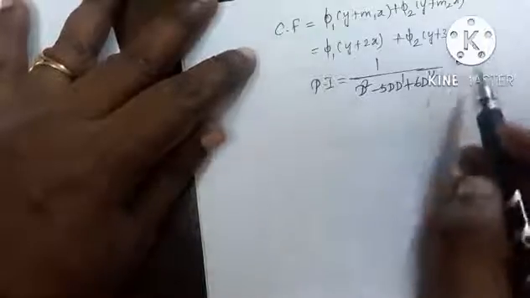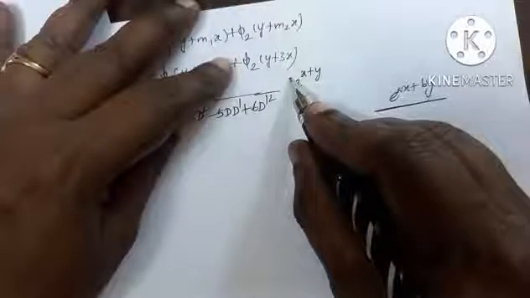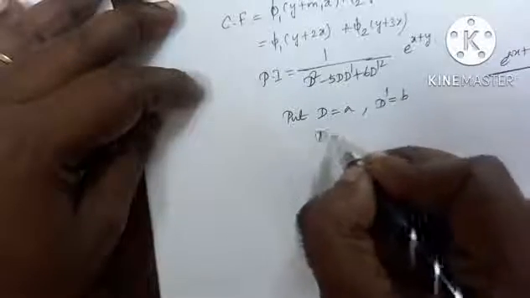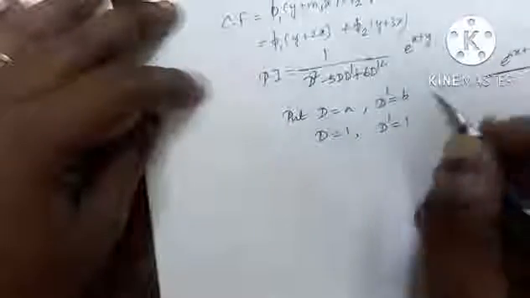Okay, what is the rule? This is type 1, e power ax plus by. A is the coefficient of x, which is 1. B is the coefficient of y, which is 1. So the rule is put D is equal to a, D dash is equal to b. D is equal to 1, D dash is equal to 1. A and b are 1 here.